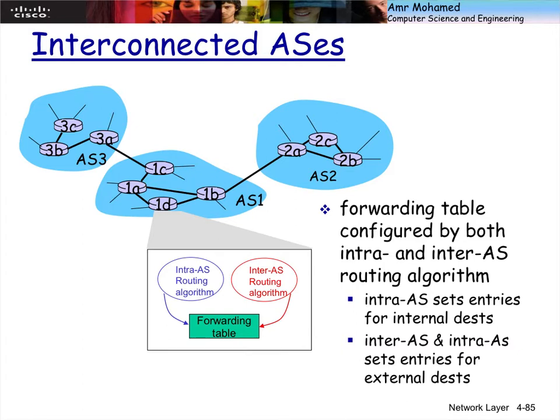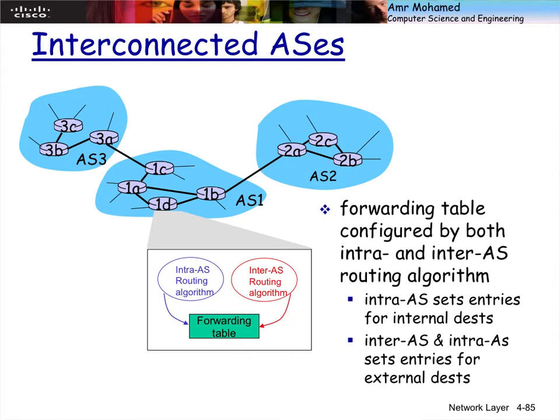So for every single router, whether it's a border gateway or it's an interior router, okay, they have the routing table which is fed from both, right? From intra-autonomous system routing algorithm like مثلا RIP أو OSPF والكلام ده.